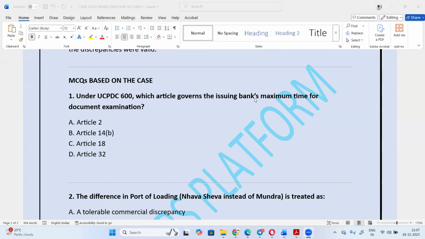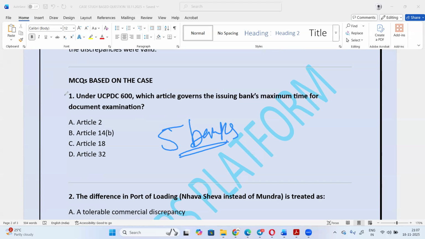You have to tell which article talks about the maximum time that the bank will take for examination of documents. So this is a very normal question. Everybody knows that banks take 5 banking days to examine the documents.